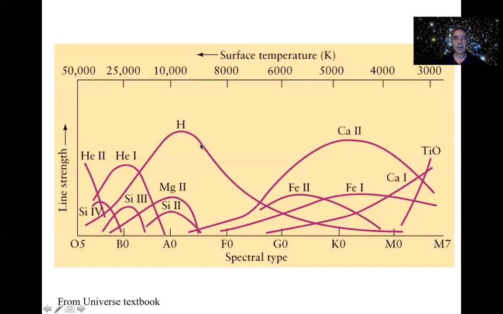So this curve puts into action the words that we just talked about. At low temperatures, down here, the electron in the hydrogen atom will be mostly found in the ground state, in the n=1 state, and there will be very few electrons in the n=2 state, because the gas is literally just too cold to excite many electrons up to the n=2 level.